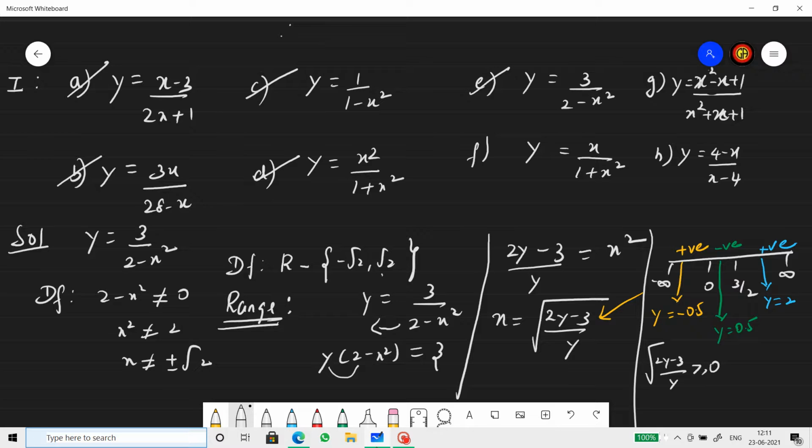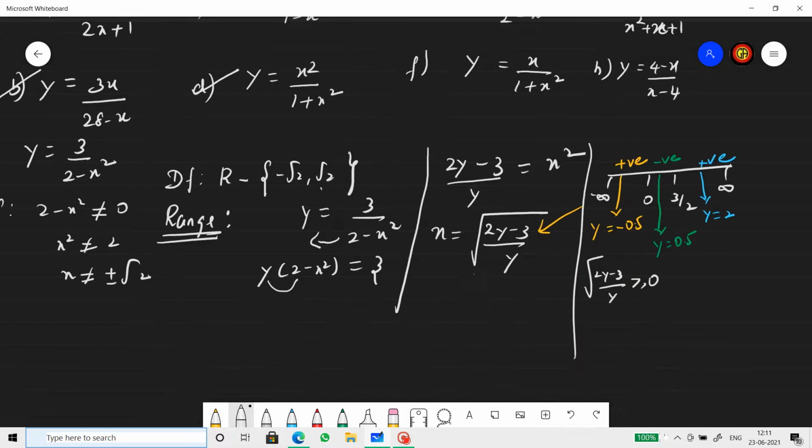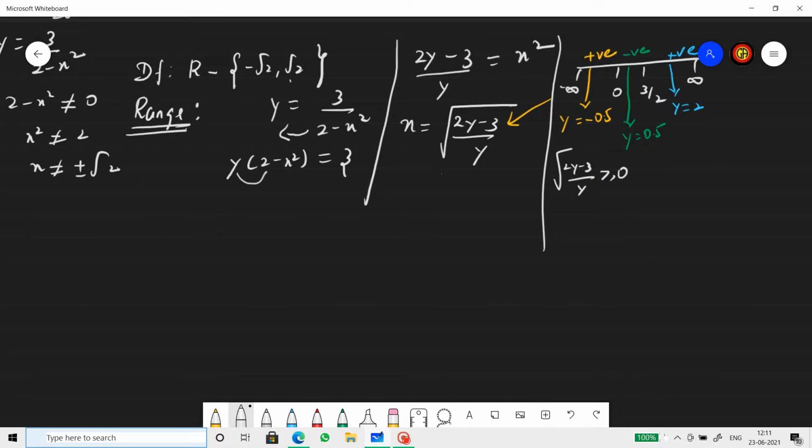So we decided that y should belong to minus infinity to 0 union 3 by 2 to infinity. Now, should I include the 0 or 3 by 2 or both?